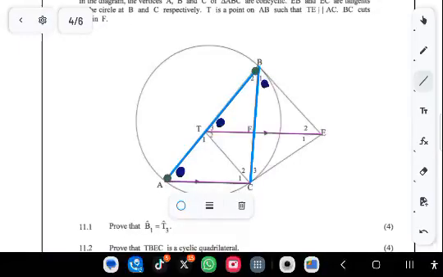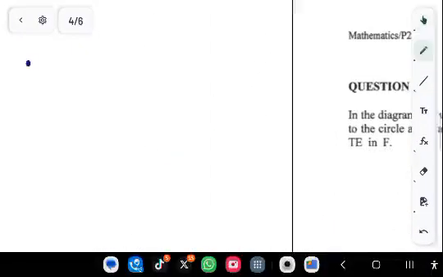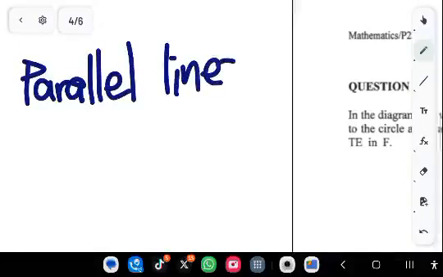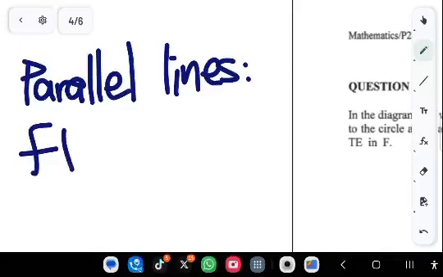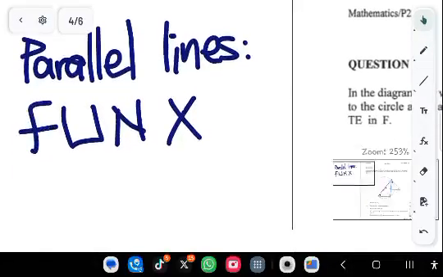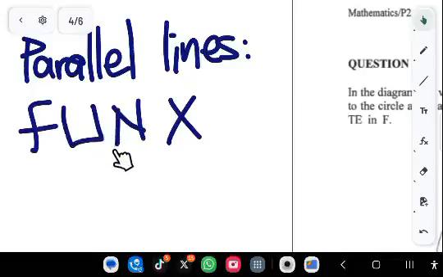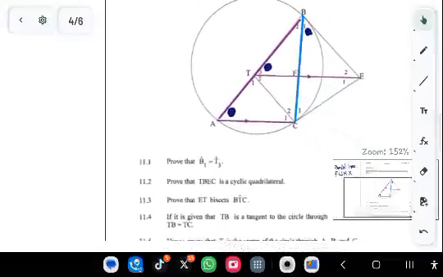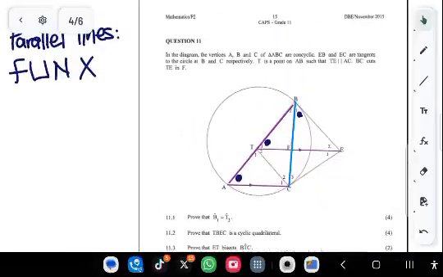a shape of F. I'm going to also draw it in purple. Whenever you see parallel lines, they always go with these angles, F and X angles. So you need to look out for a shape of an F, a U or C if you prefer, an N or Z if you prefer, and usually also followed by an X, or alternate angles, or vertically opposite.